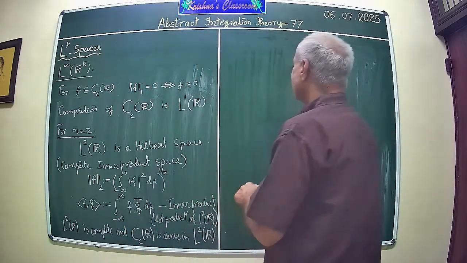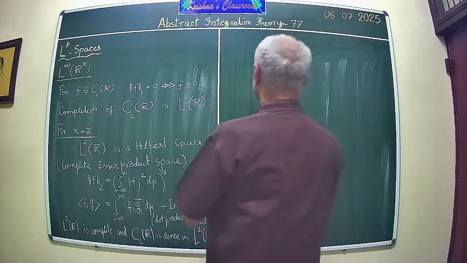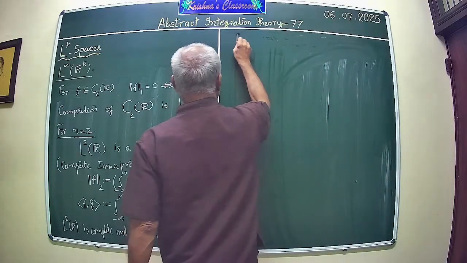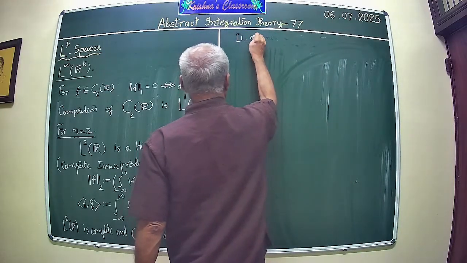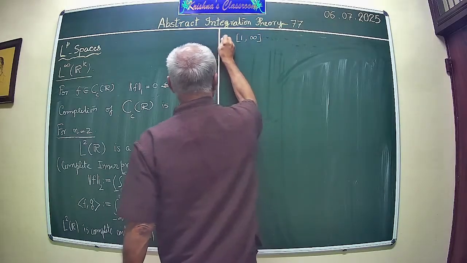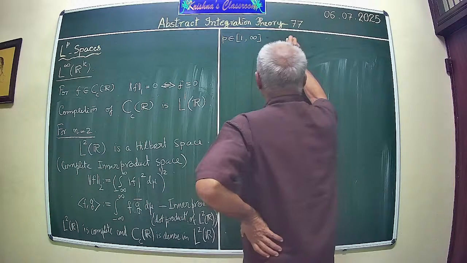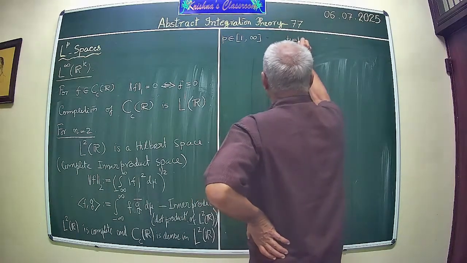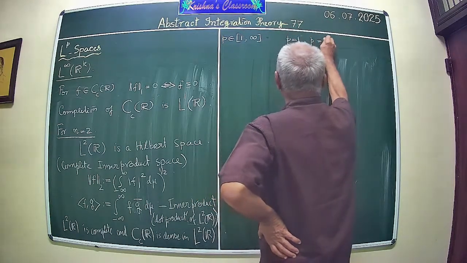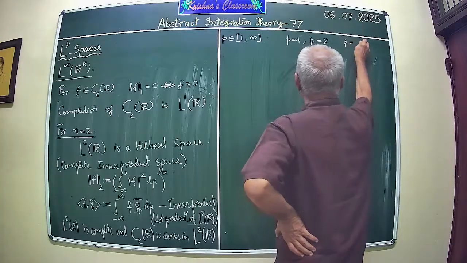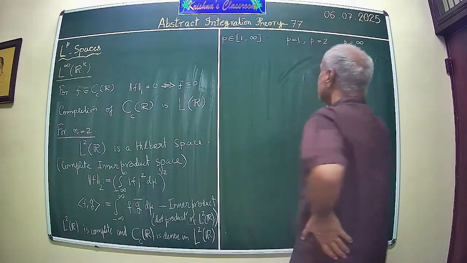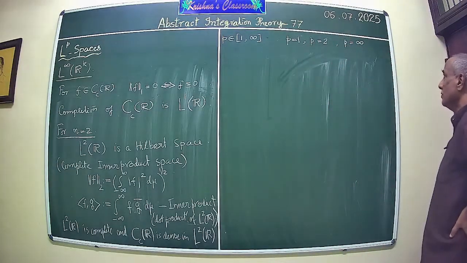So you see, these are the three extreme cases. When you consider 1 to infinity, the interesting cases are p equal to 1, p equal to 2, and p equal to infinity. These three are fascinating cases.